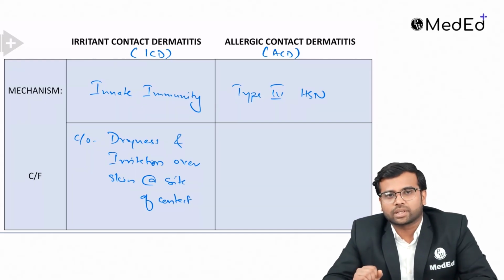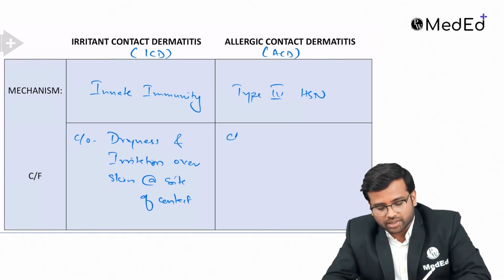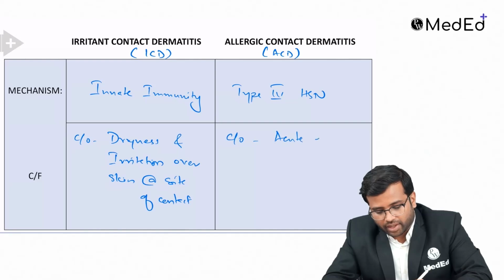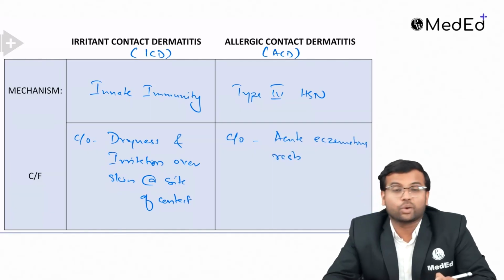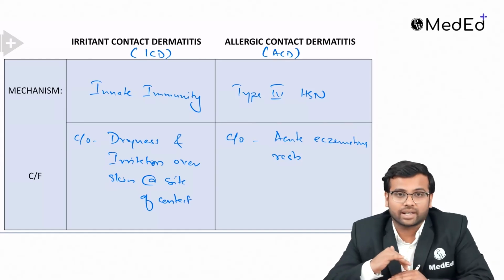Now what is the usual presentation of allergic contact dermatitis? The patient usually presents with complaints of an acute eczematous rash. So what is an acute eczematous rash? It means there is going to be red skin along with some vesicles over it, isn't it?